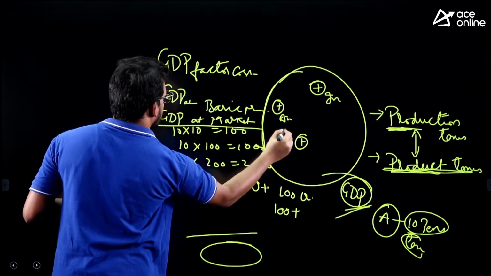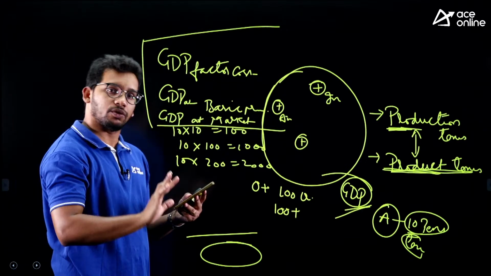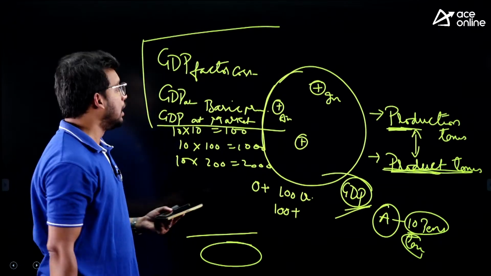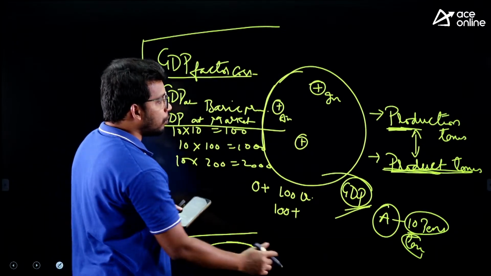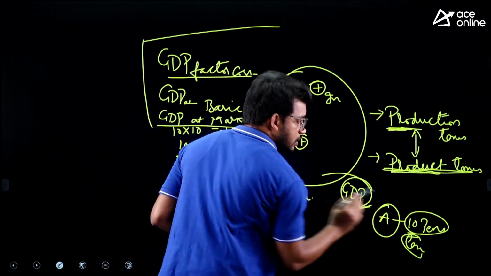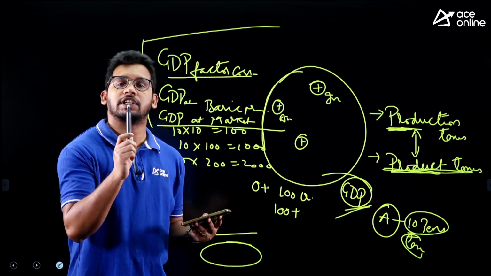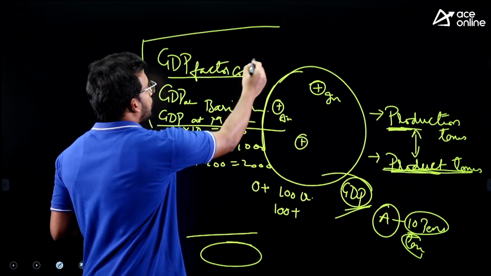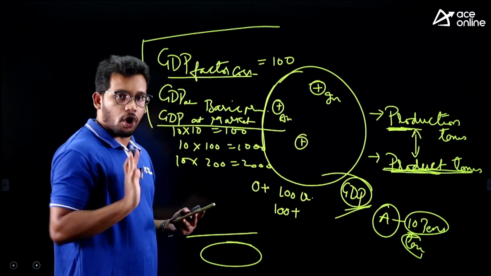GDP is the total value of goods and services produced in the economy. GDP at factor cost means without any production tax or product tax. For example, 10 pens I have produced as a company, and the cost that I incurred was 10 rupees per pen. So the 100 rupees that I produced is called GDP at factor cost.